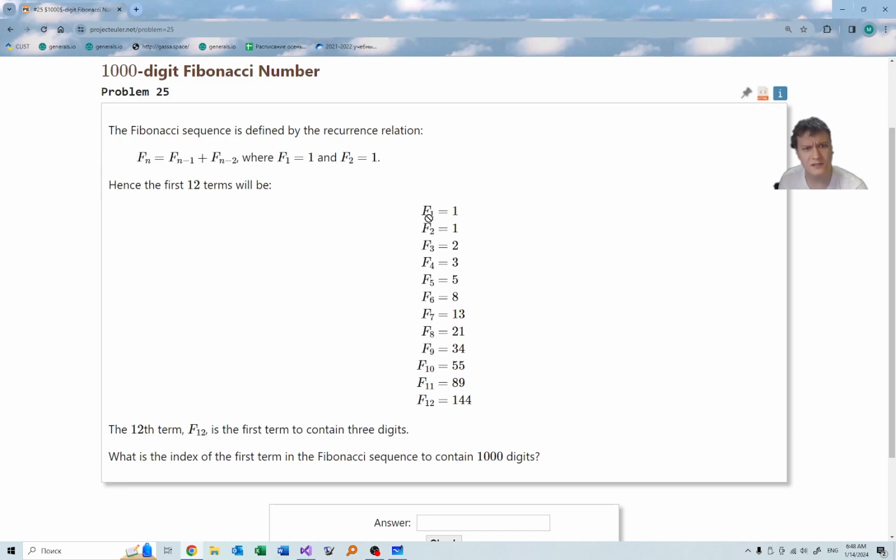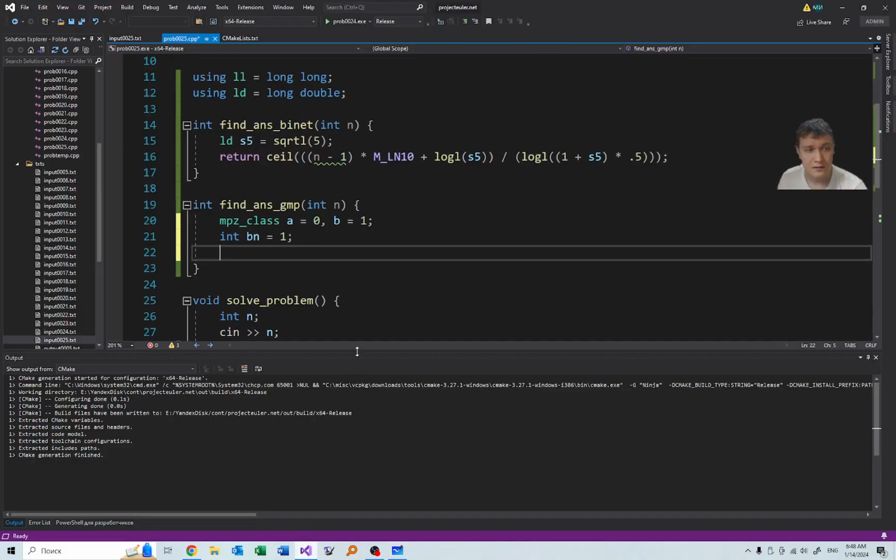Oh, this is not a very good notation. So it should start with, no, it's great notation, sorry. F0 is 0, F1 is 1, so this is fine. Luckily Project Euler is led by mathematicians.